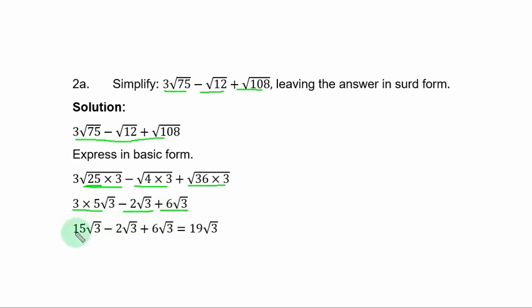So you have 15 root 3, if you multiply 3 and 5, minus 2 root 3 plus 6 root 3. Because the surds are alike, if you add and subtract, you have 19 root 3.